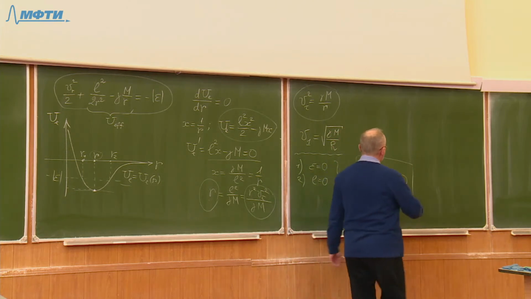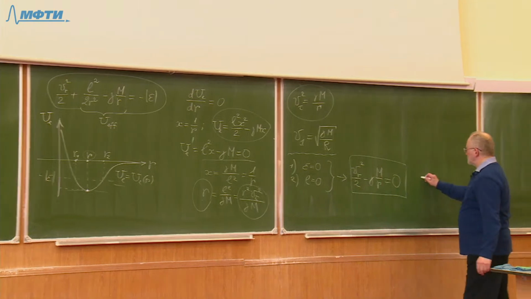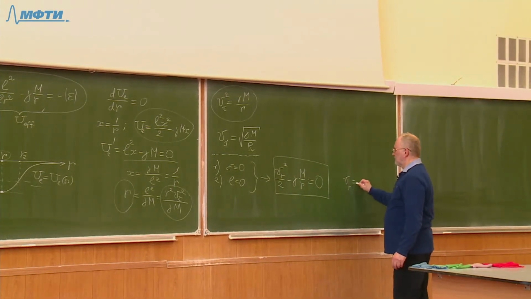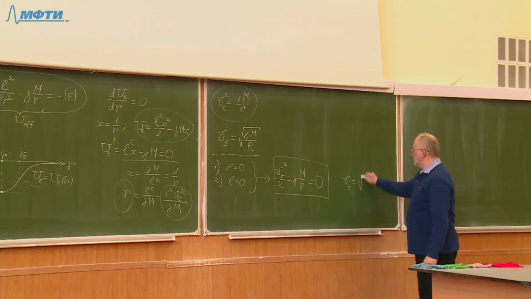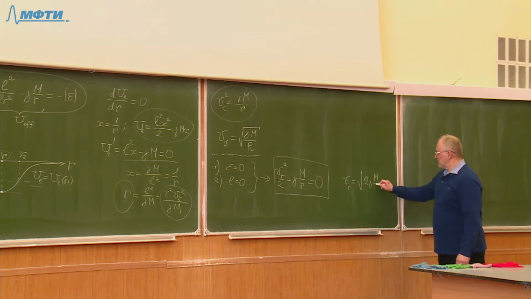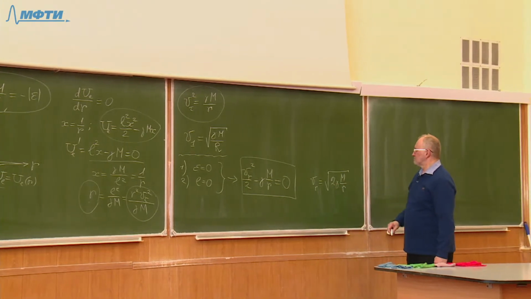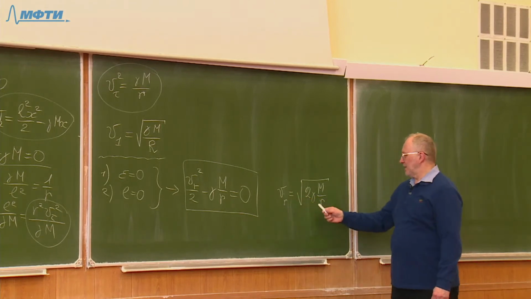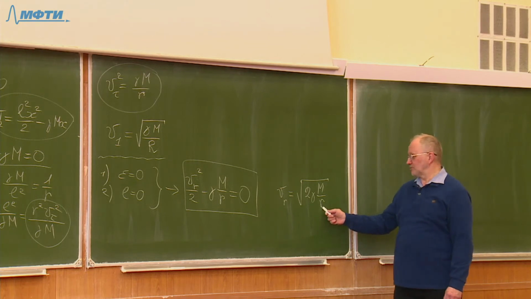So from here we can immediately obtain the velocity which is needed for such a trip. That will be the square root of 2 gamma M divided by r. That is the dependence of the velocity versus distance r to the planet.